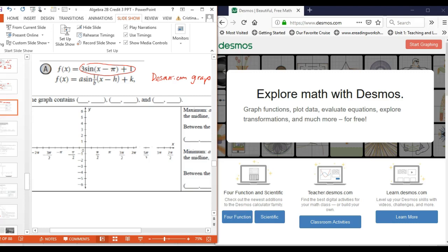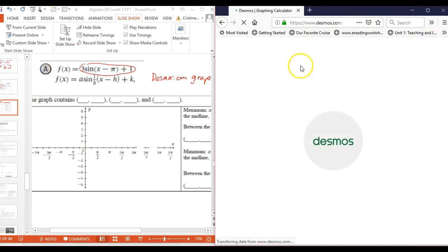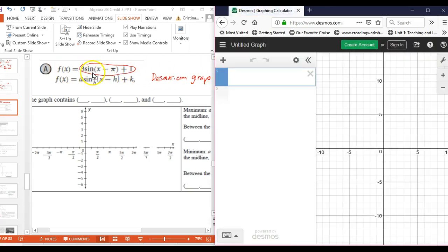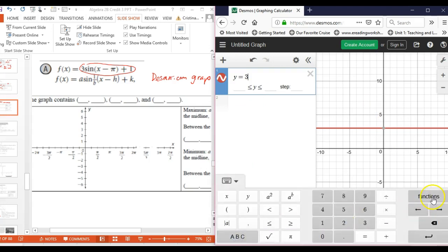Welcome back for the graphing portion of our Explain 1 Part A. We're going to go to Desmos.com and press Start Graphing. Once it loads, we're going to type in this equation. Instead of f of x, I am going to write y equals 3. As you can see, I don't have sine on here, so I'm going to pull up my keyboard.